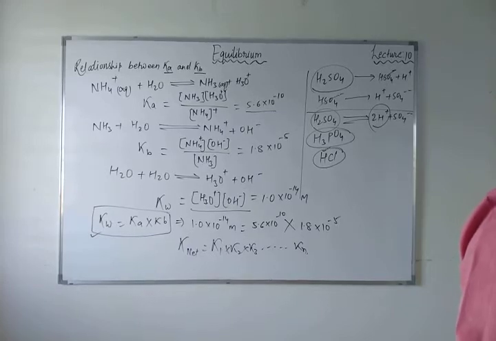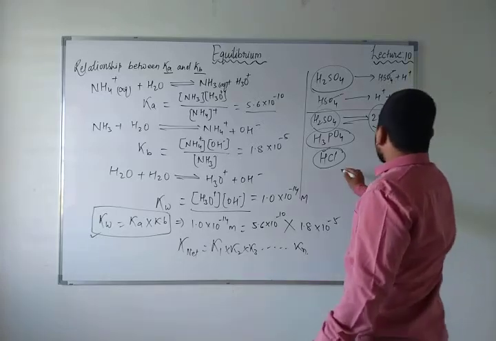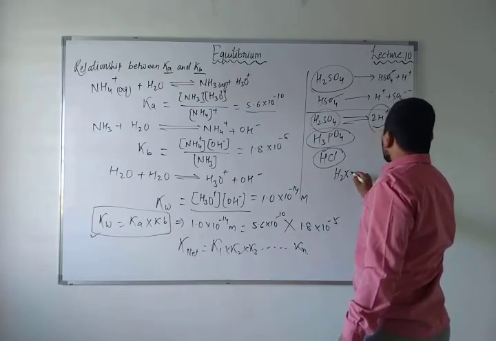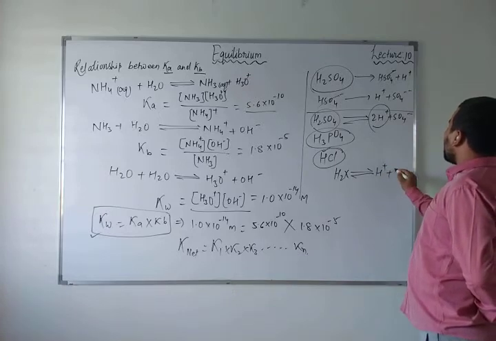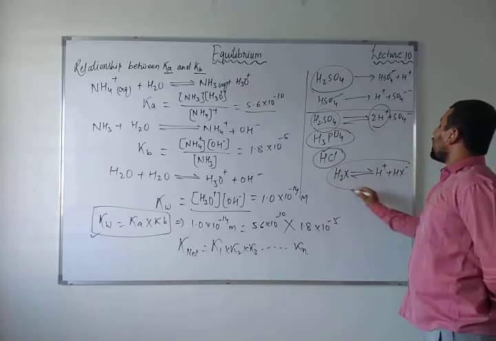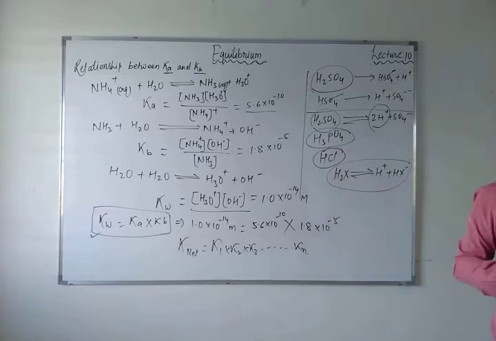The ionization reaction, for example, just take H2X. What will be the reaction of this H2X? First of all, H plus will be liberated and then HX minus; this is a dibasic acid.